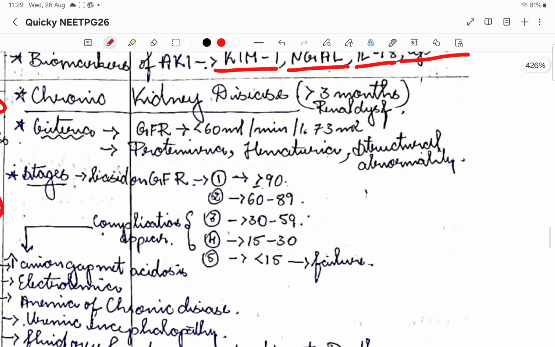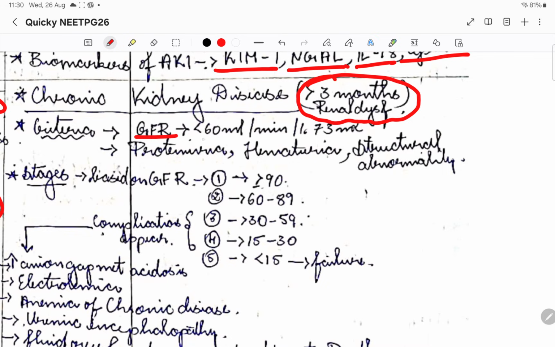So now, if the acute kidney injury progresses to being chronic, let us see how it happens. Okay, so when do we tell it is a chronic kidney disease? Is when there is a renal dysfunction for more than 3 months. Okay, if the renal dysfunction is more than 3 months and the renal function is not properly happening, it will lead to chronic kidney disease. The criteria that we use is basically based on the GFR, and the presentation that it gives.